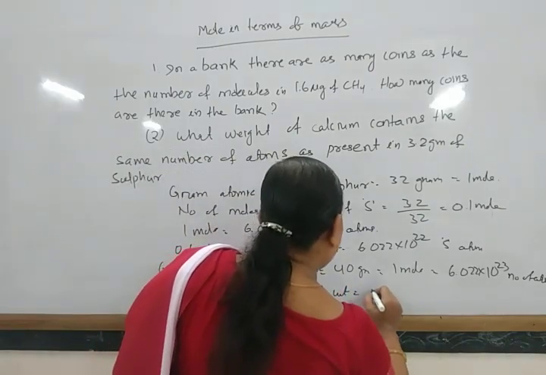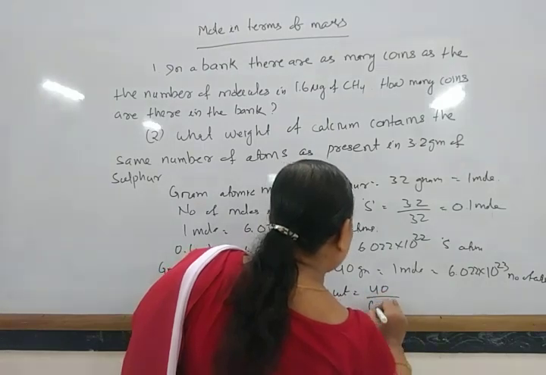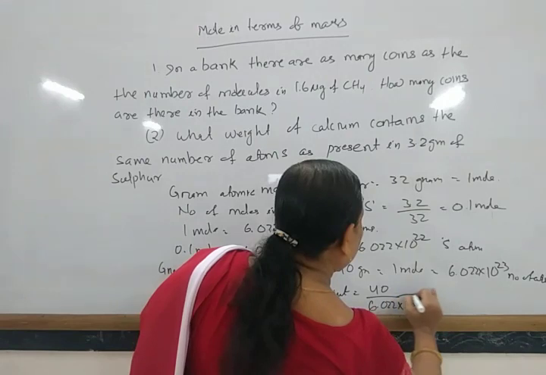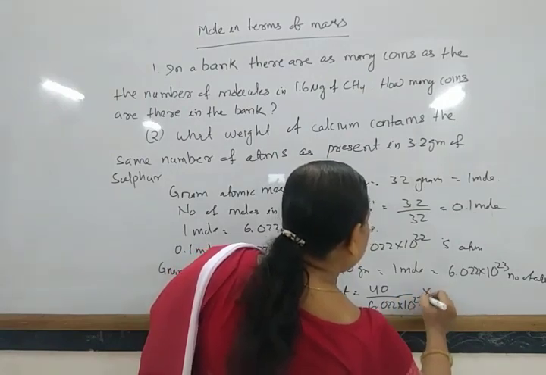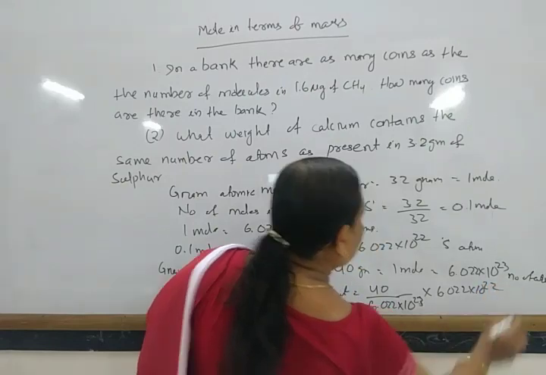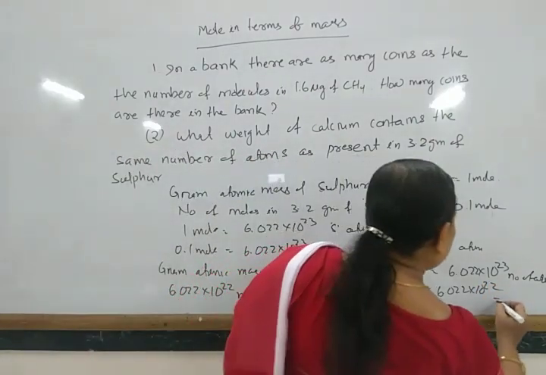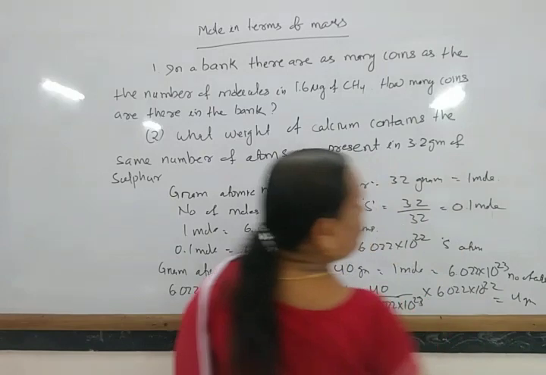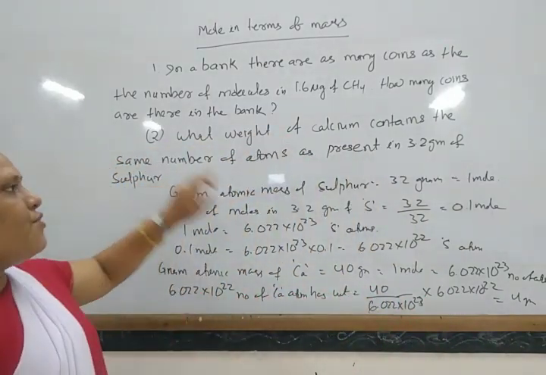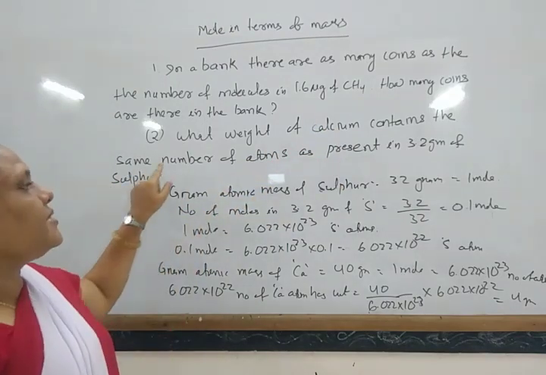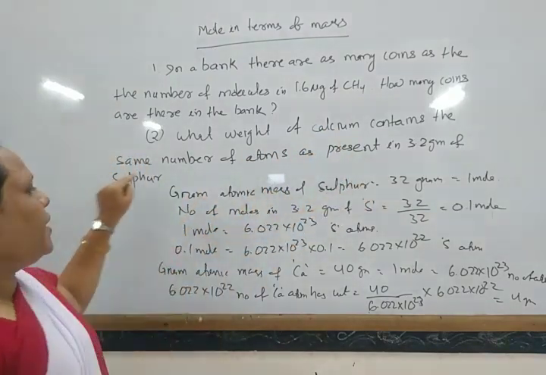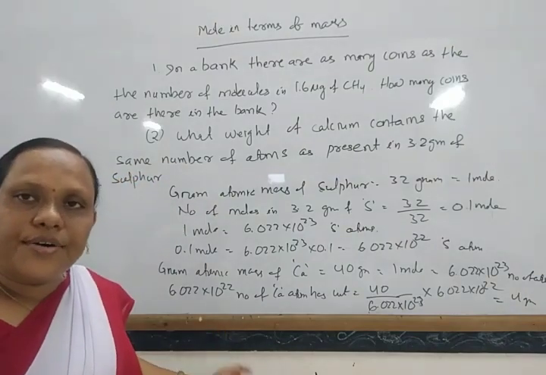That is 40 by 6.022 × 10^23 into 6.022 × 10^22, that is equal to 4 gram. So in this way, 4 gram of calcium contains the same number of atoms as present in 3.2 gram of sulfur.